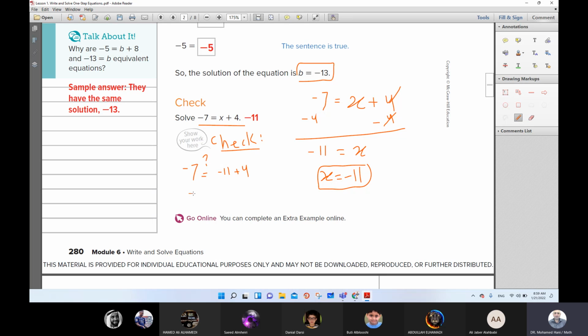In this side, we have negative 7. And in the second side, negative 11 plus 4 will be negative 7. So yes, negative 7 equals negative 7. This is the correct equation, which means this is the correct solution.